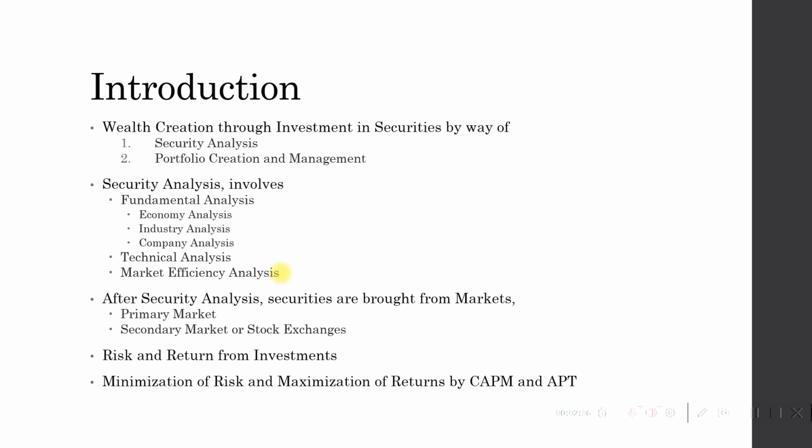Wealth creation mandates that the investor, by properly investing in securities, should minimize risk and maximize returns. So you know that there is risk and returns from investments. We have to minimize risk and maximize returns. One of the methods of minimizing risk is diversification of investments, made possible by the creation of a portfolio of the numerous securities that are bought by the investors.